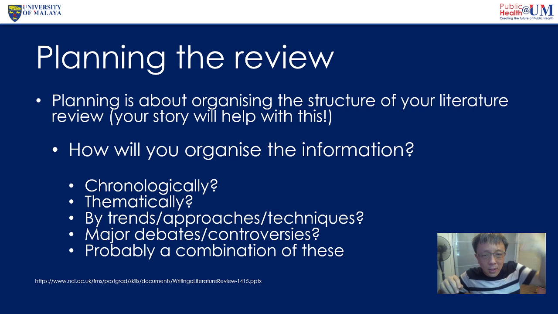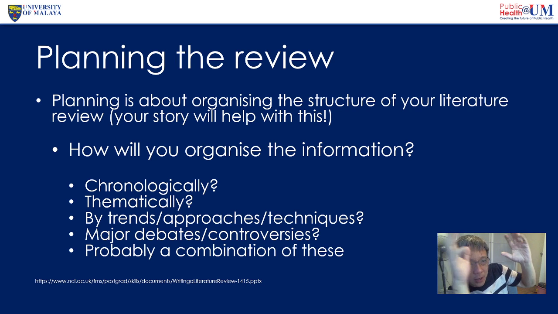Chronologically means that in 1995 this is what happened, in 1996 this is what happened, in 1997 this is what happened. You can do it for the first part of your research where you are telling the increase in the prevalence of diabetes in the community.